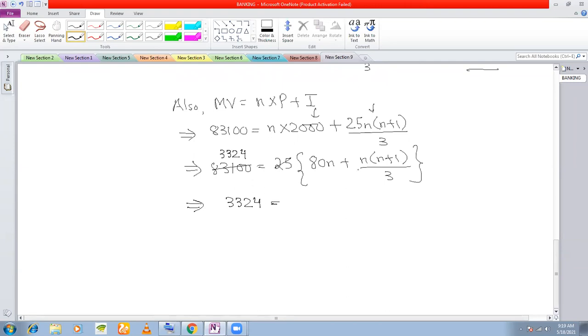must be equal to, now I can take the LCM here. LCM will be 240n plus n into n plus 1. Let's say. That means now if you cross multiply, you'll get 3324 into 3 is equal to 240n plus n square plus n.